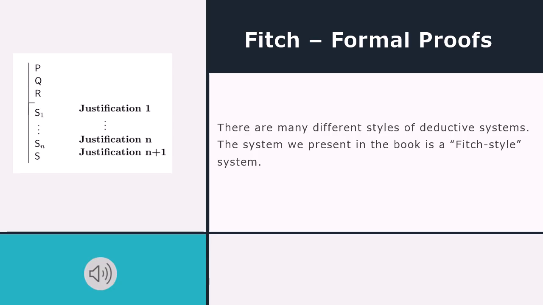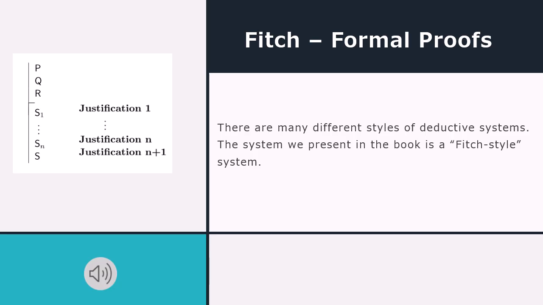It's one of many different deductive systems, and first-order logic has lots of them. The format that you're seeing here, writing the sentences vertically and using that vertical bar, and later on we'll also introduce the idea of a subproof, was due to Fitch, and so we call this a Fitch style system.